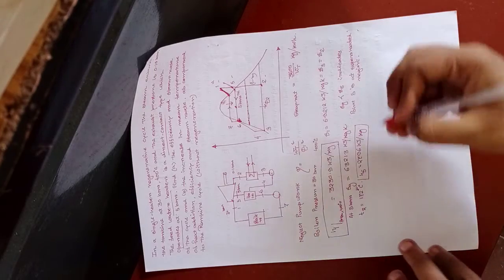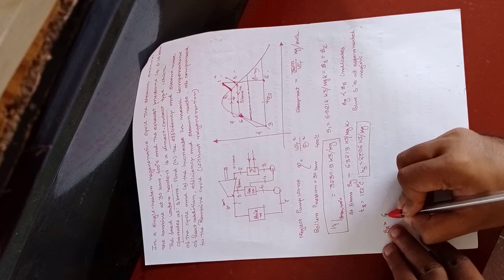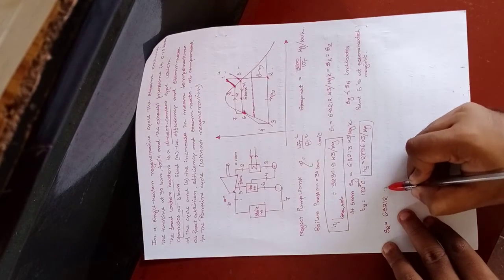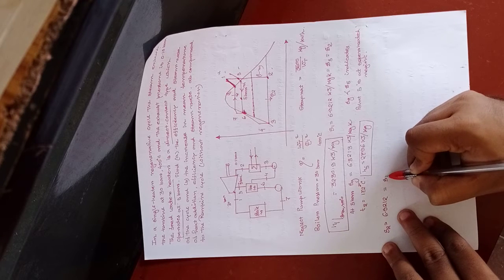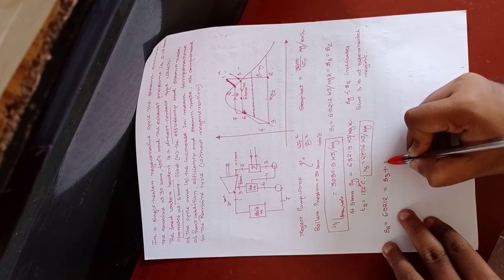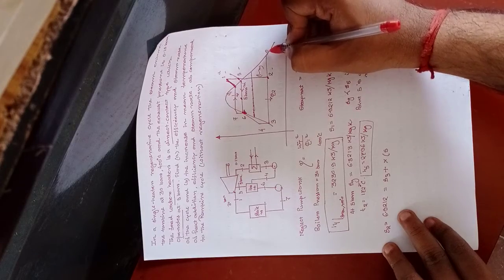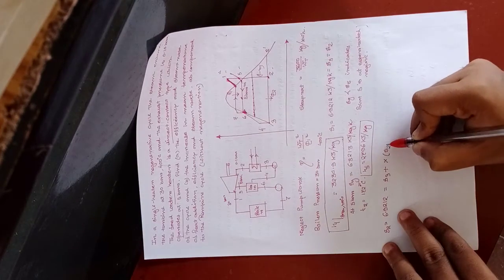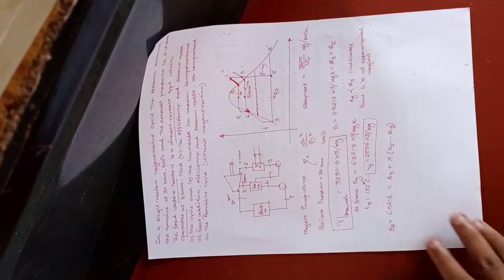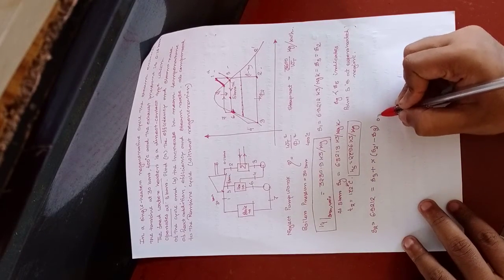Okay, so what is S2? S2 is nothing but 6.9212, which is equal to S3 plus X into (S2 dash minus S3), at 0.1 bar.